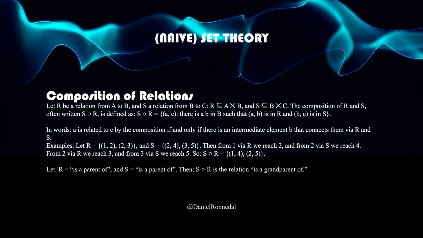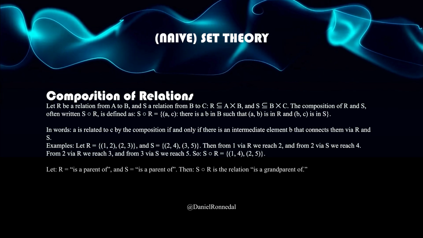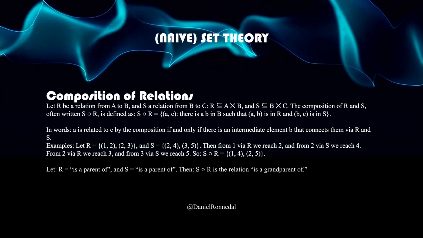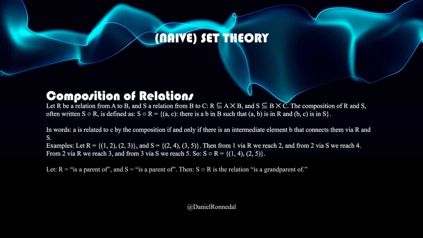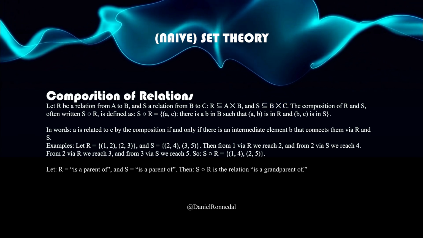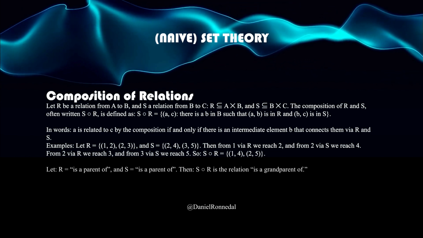So the composition S ∘ R is the set whose only elements are the ordered pairs (1, 4) and (2, 5). Let R be the relation "is a parent of," and S be the relation "is a parent of." Then S ∘ R is the relation "is a grandparent of."